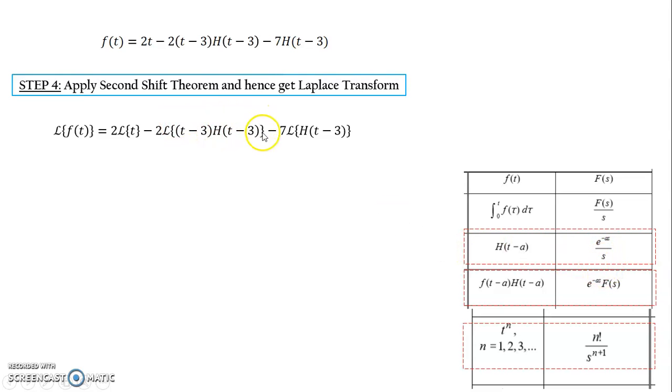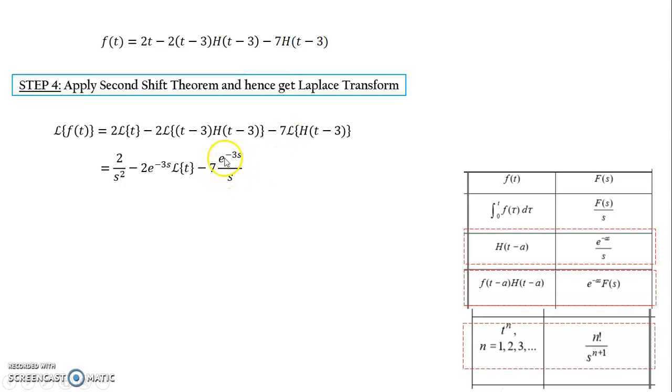Okay, so for here, you can apply the second shift theorem. Okay, so in this case, a is equal to 3. So f(t) is equal to t. Okay, so finally, what you have is 2 over s squared minus 2 exponent negative 3s Laplace transform of t. So from here you have t minus 3, so it is considered shifted by 3. So now you have Laplace transform of t.